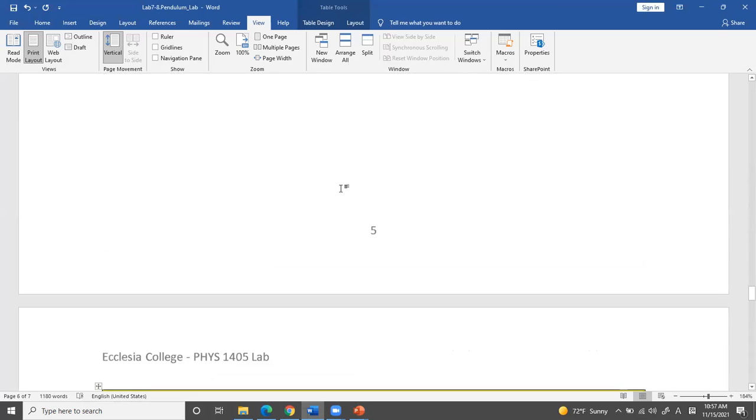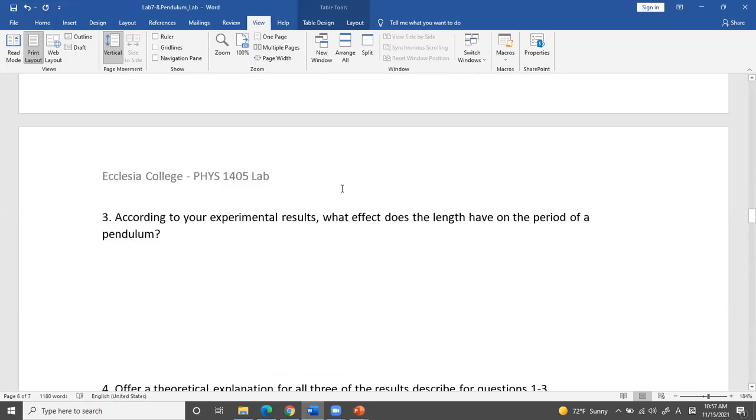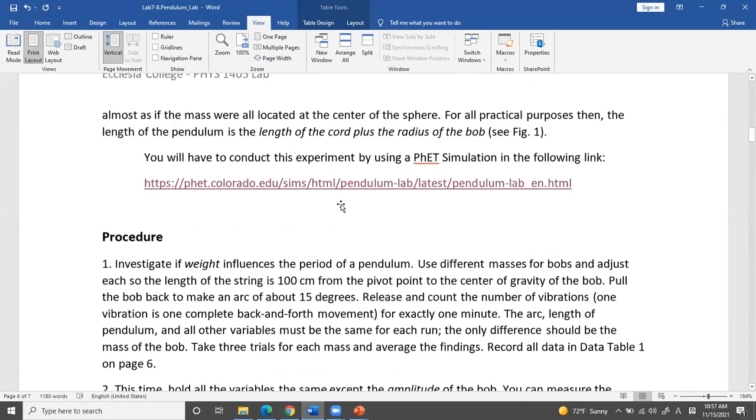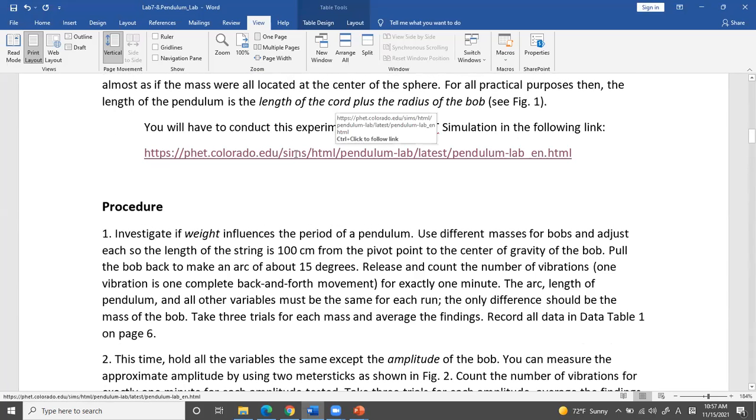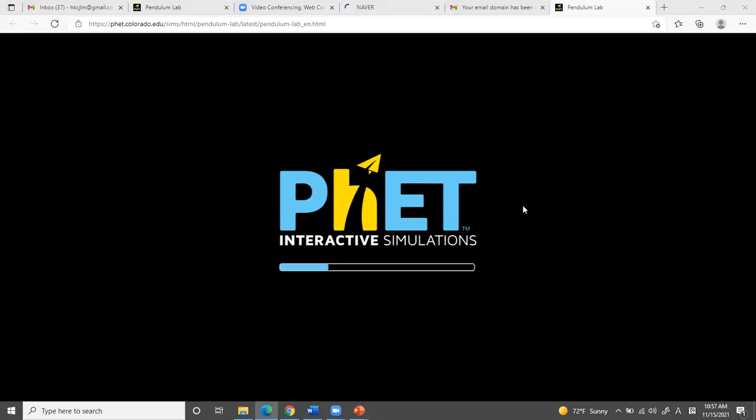Let me access the simulator. The simulator is here. I wrote the link, and you can click there. This one, I can connect this. Share screen, yes.